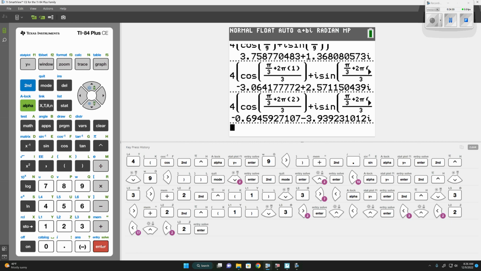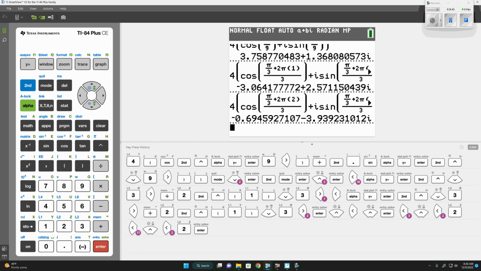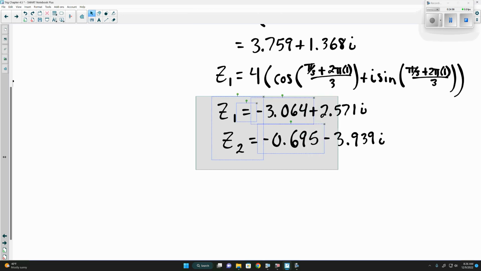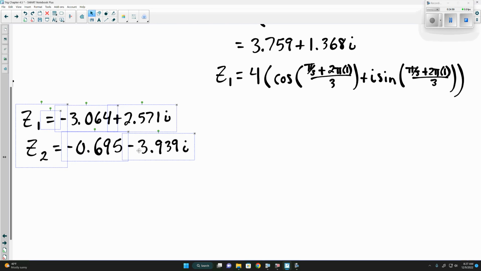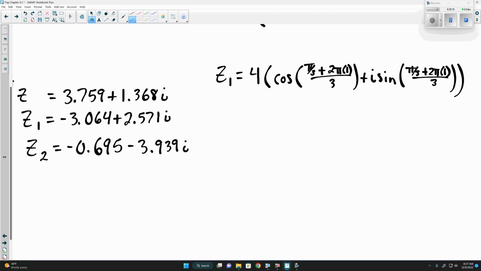Negative 0.695 minus 3.939i. Now this one here, we really don't have a nice repeated number or repeated setup, but that's fine. Some of them will, some of them won't. Any questions on any of this here?